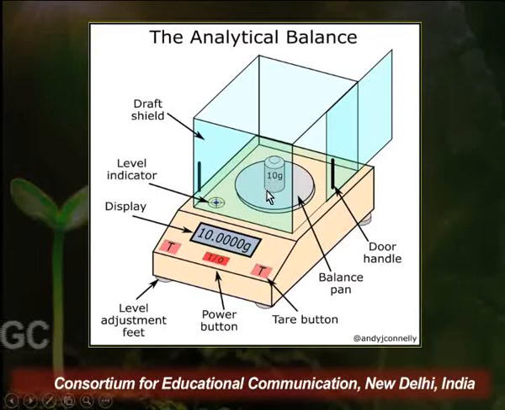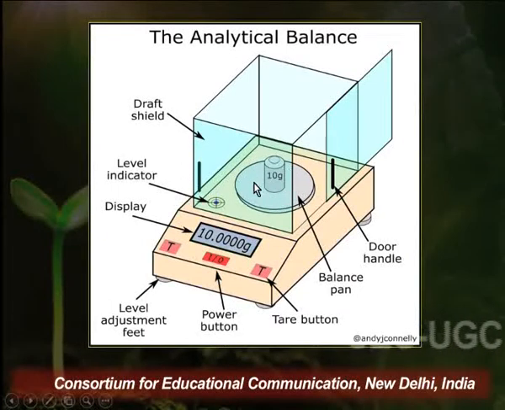Now in the center there is a platform called the balance pan, and surrounding this balance pan there is a box or chamber made of transparent material, also called the draft shield. This transparent boundary, made of glass or plastic, keeps the material from being disturbed by any movement of air.